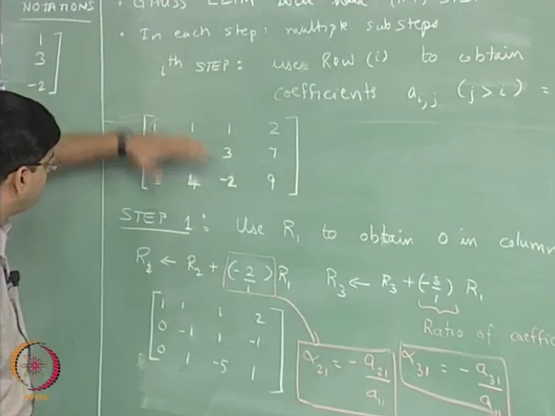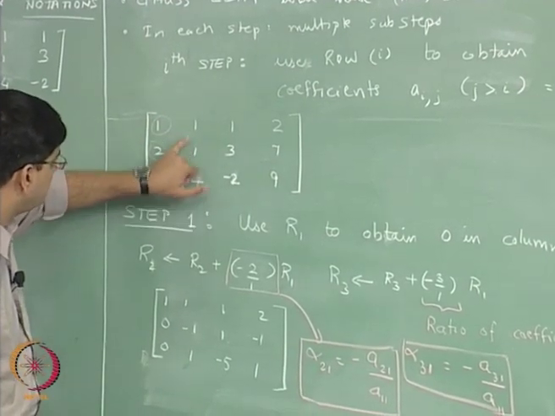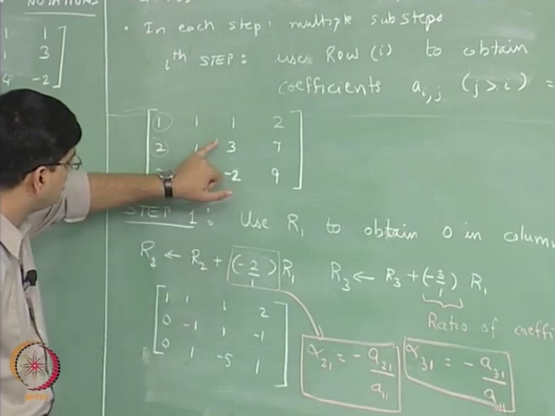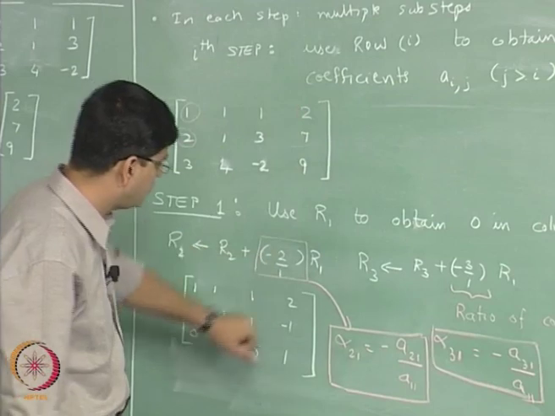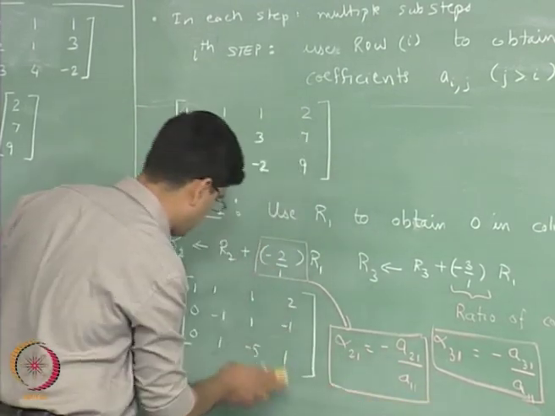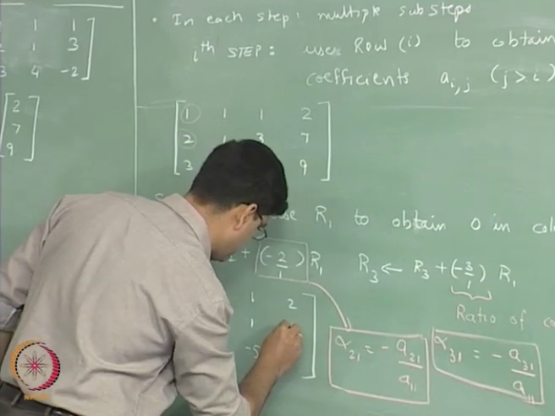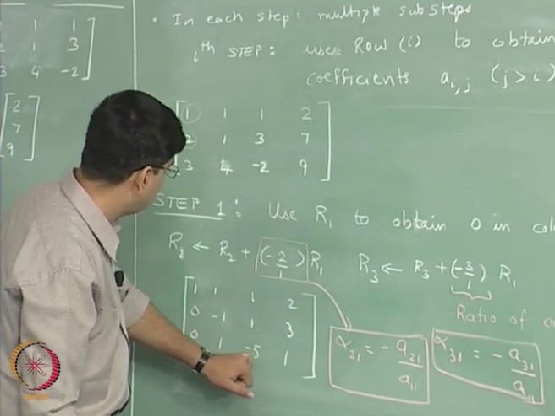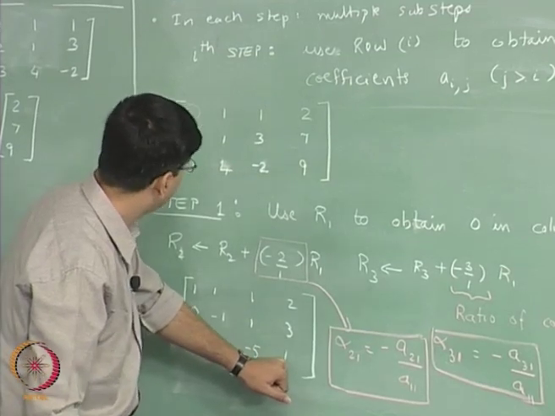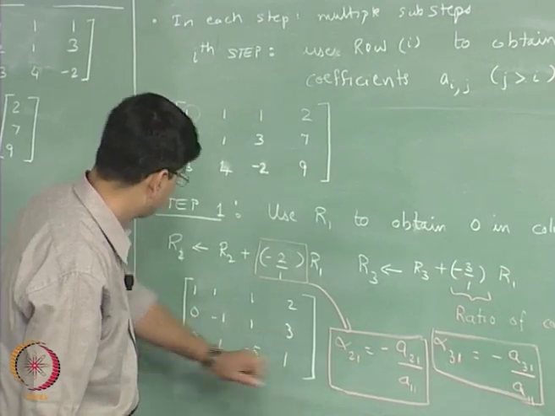So, when we do this row operation, this will be 0 minus 1 minus 2 is minus 1, 3 minus 2 is plus 1, 7 minus 4 is plus 3. And 0 1 minus 5 and 3 times, and 1.